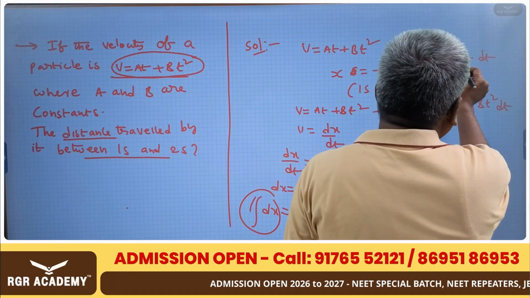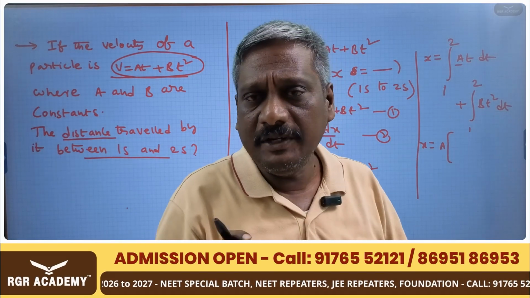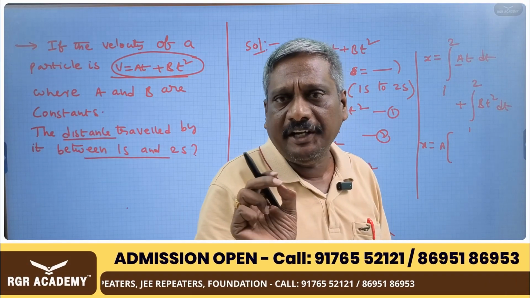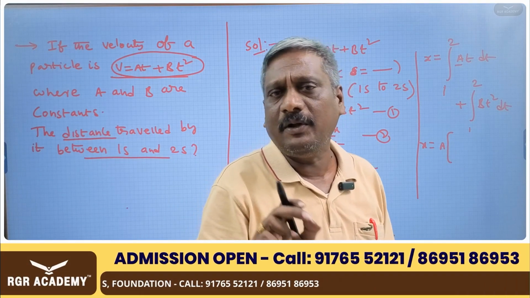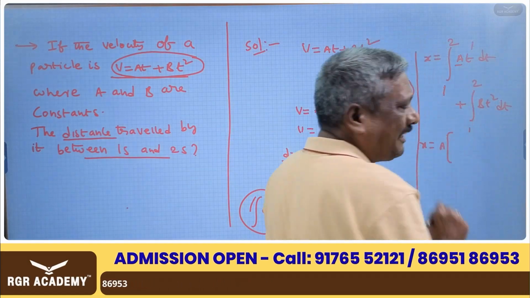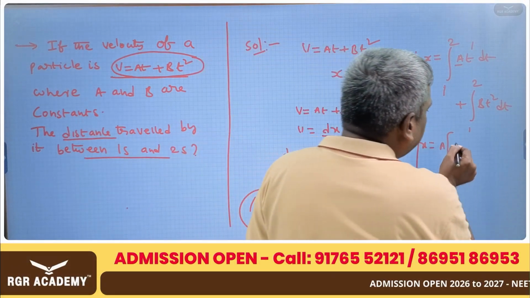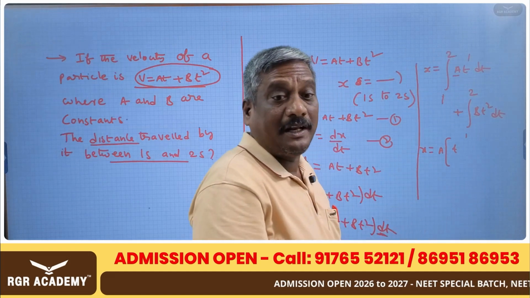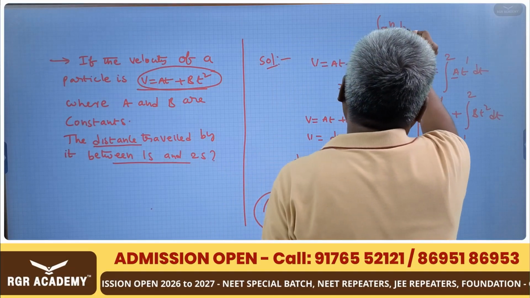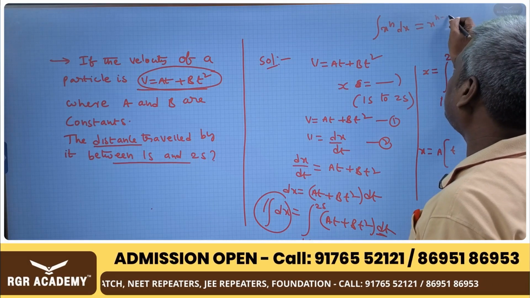Now, a can be taken outside. We have already learned one mathematical formula: integral x power n into dx is x power n plus 1 by n plus 1. Here t means power 1 is there, so we assume power is 1 and write t power 1 plus 1 by 1 plus 1.